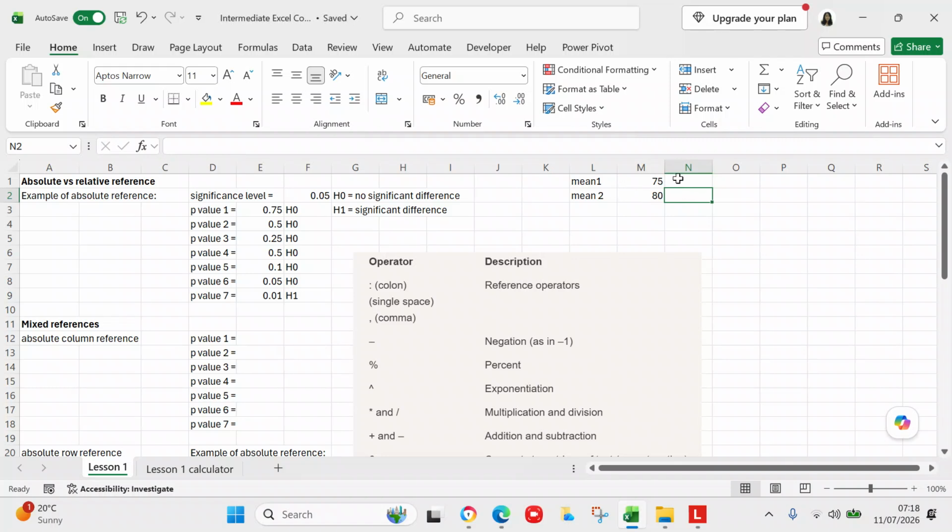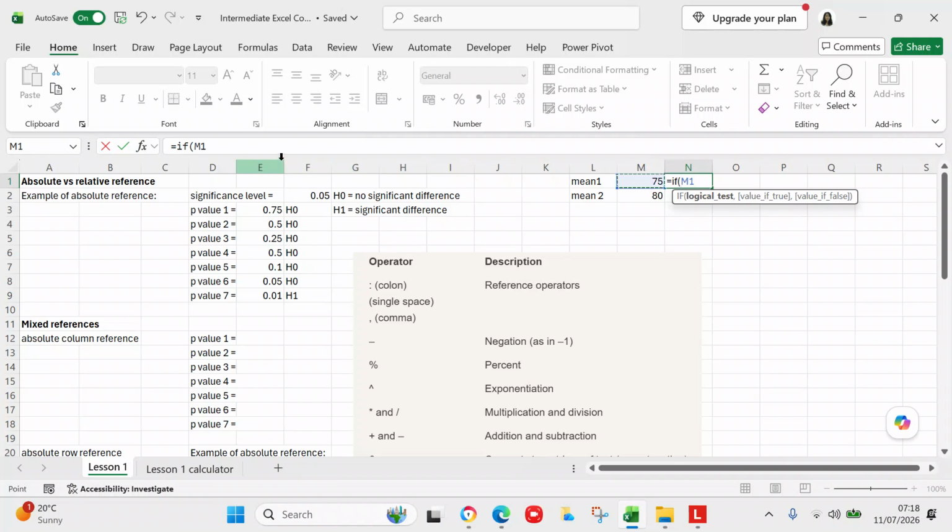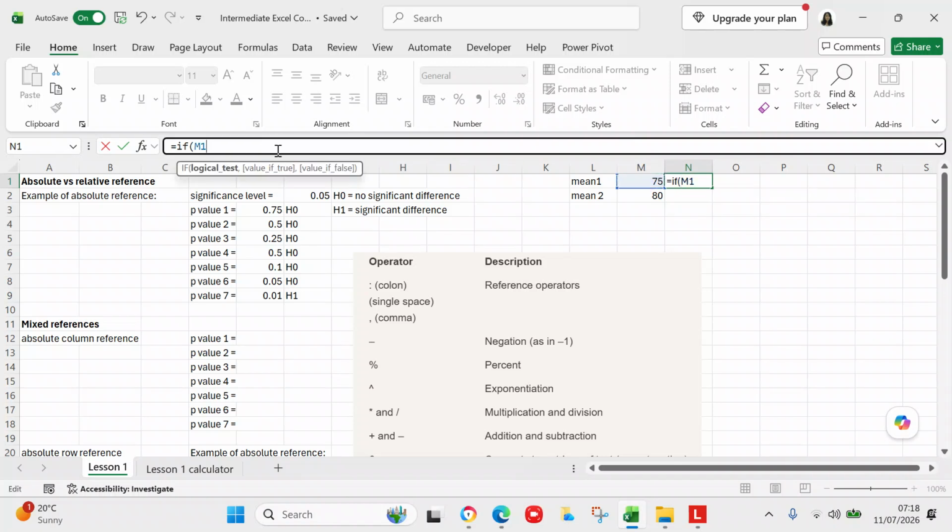So equals IF 75 not equal to 80, H1, H0.